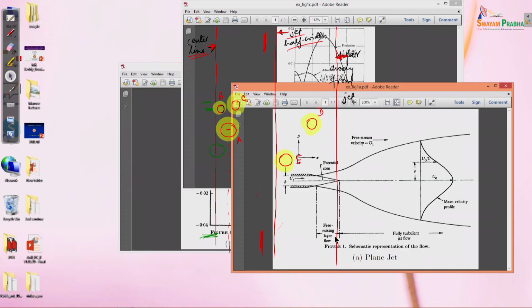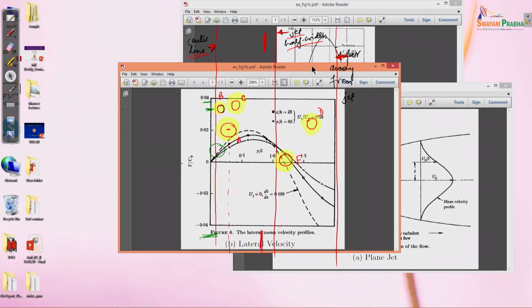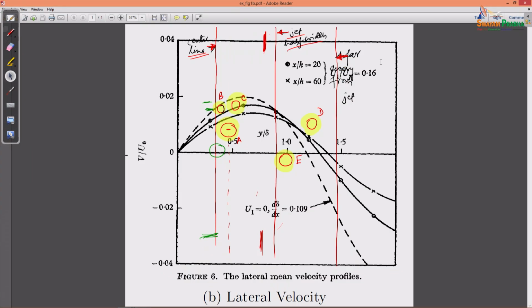Okay, so I think we will stop here. What we'll do in the next class is look at this plot. So I will erase all that.